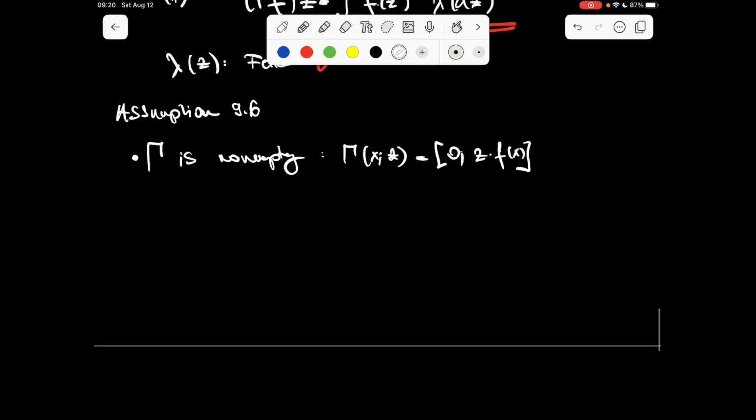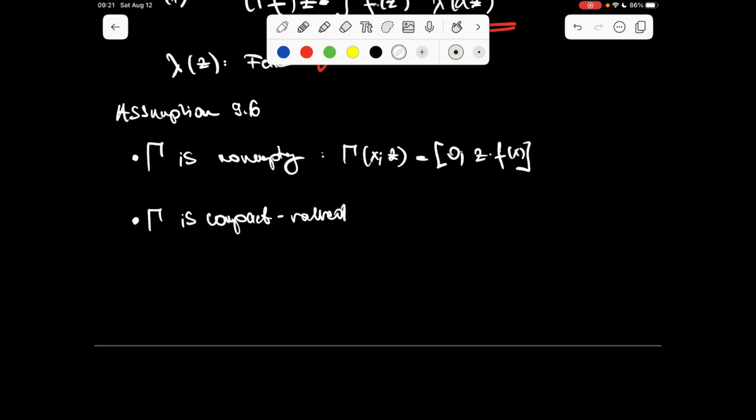This is great. Gamma is compact valued, which is also satisfied because for every x and z, gamma is a closed interval, so it is compact. This is the short answer.